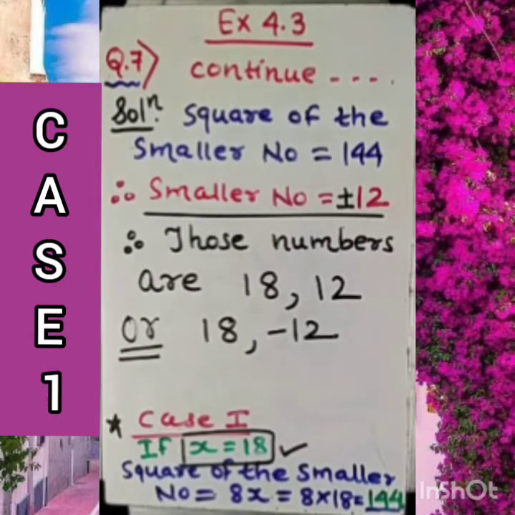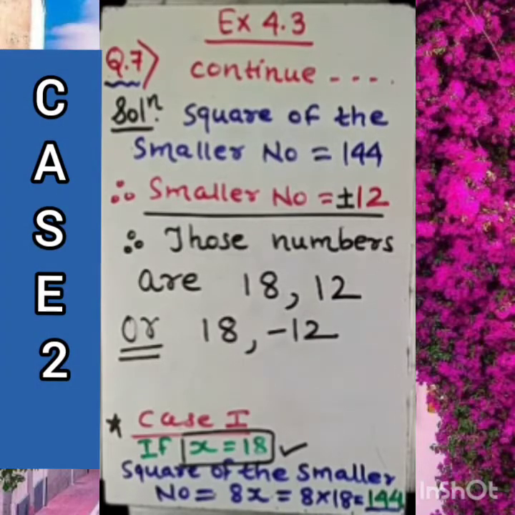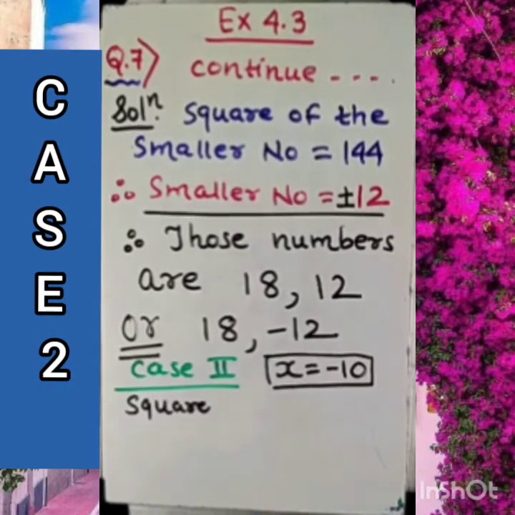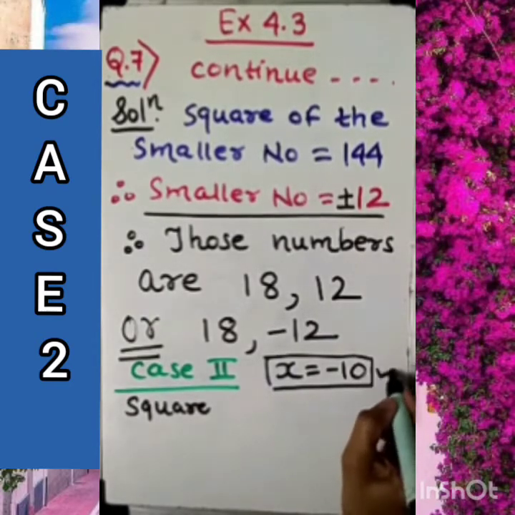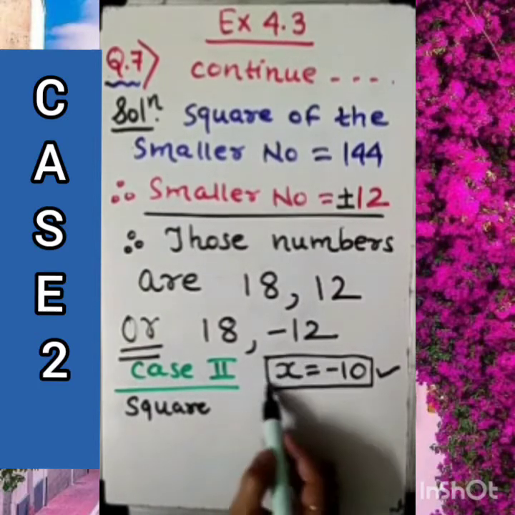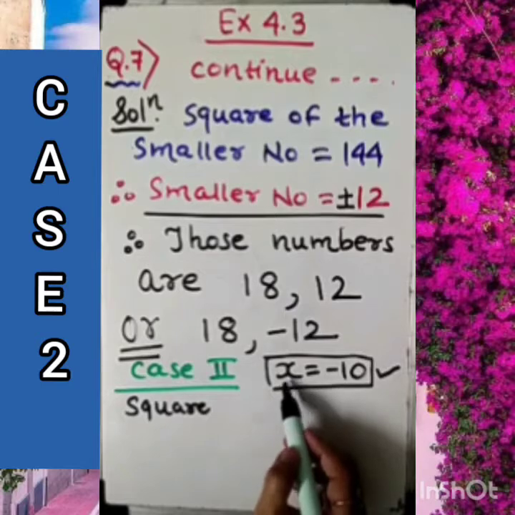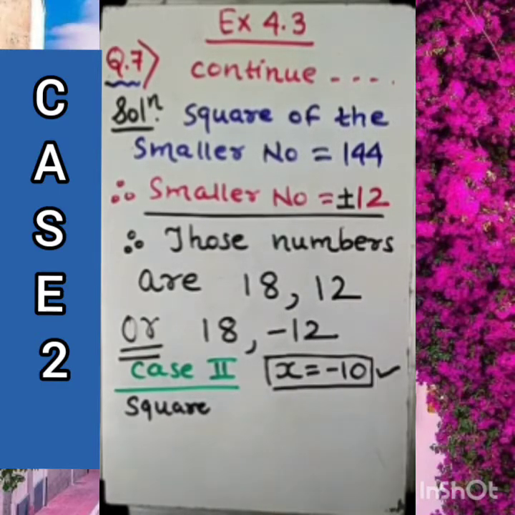Okay. Now, similar procedure we are applying for case 2. Let's try to understand. As we know that here in case 2 we got the value x equal to minus 10. As we know that x is a larger number, so the value of larger number is minus 10. Then what about the smaller number?